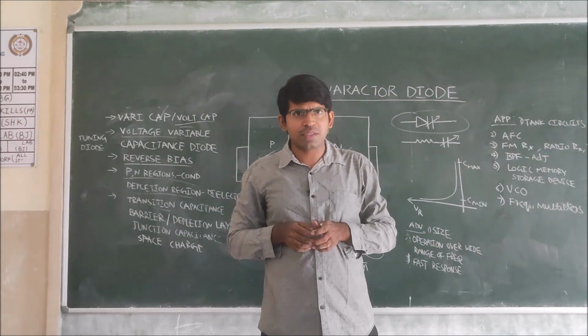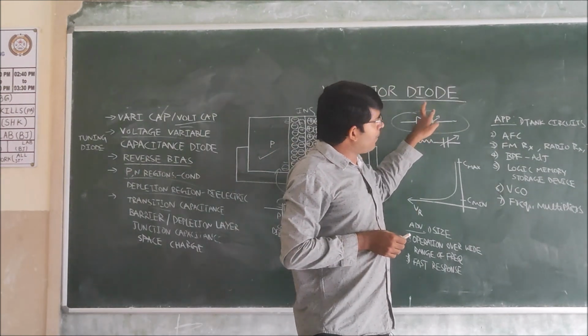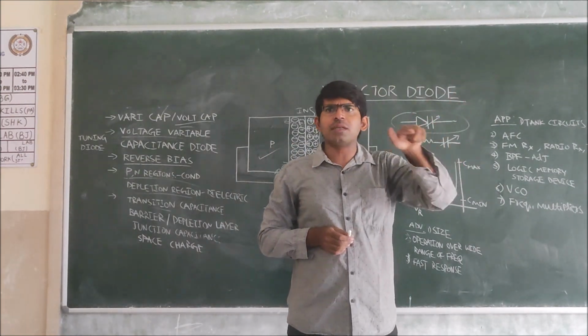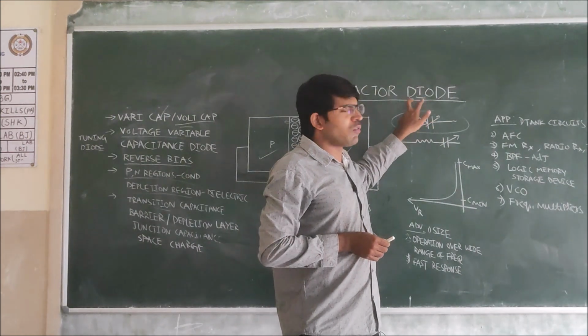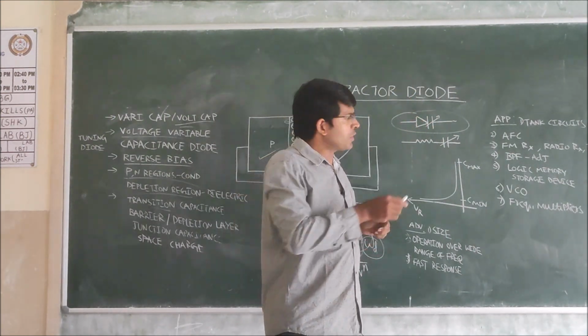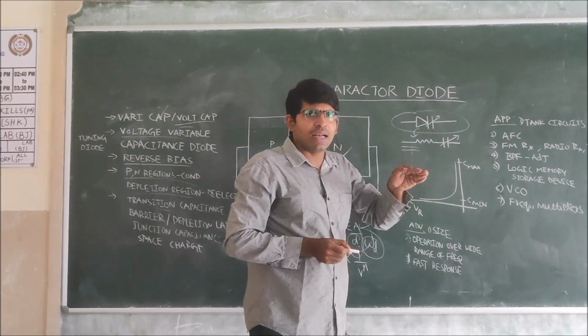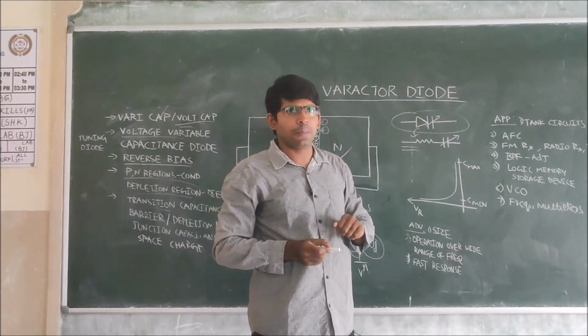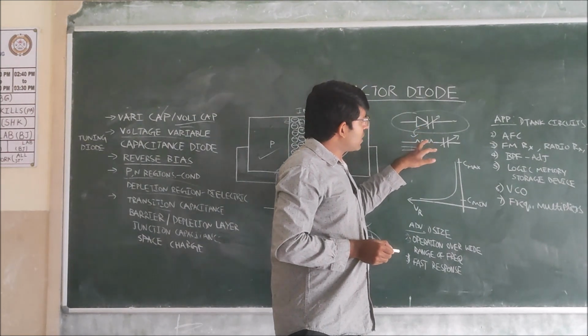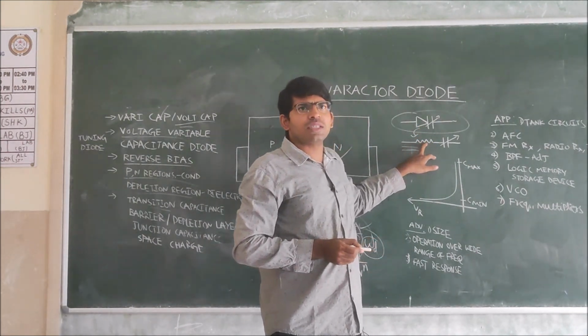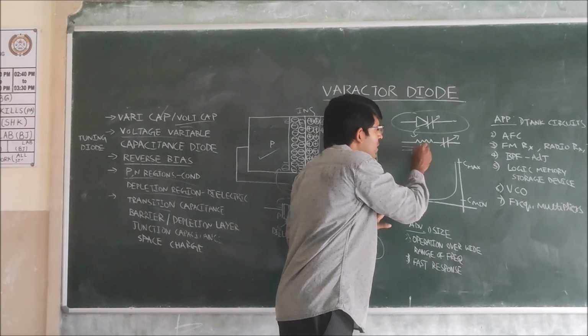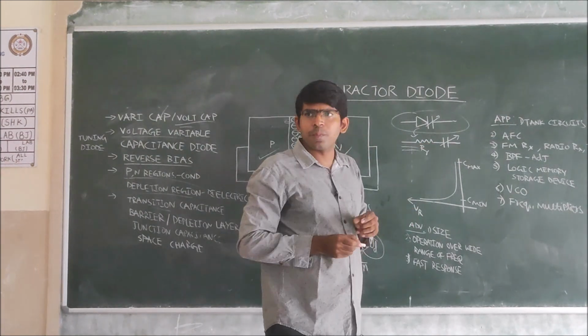Diode in combination with the variable capacitor is the circuit symbol for the Varactor diode. In place of the diode, here we are drawing the electrical equivalent circuit symbol. When the diode is connected in reverse bias, what is its resistance? RR.